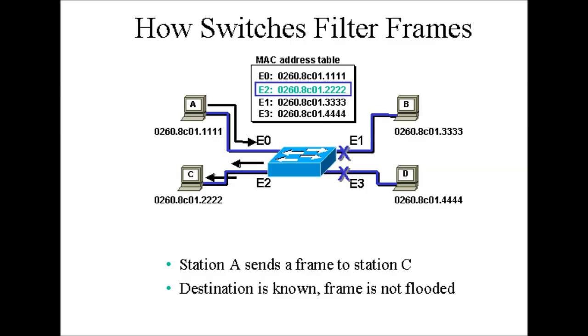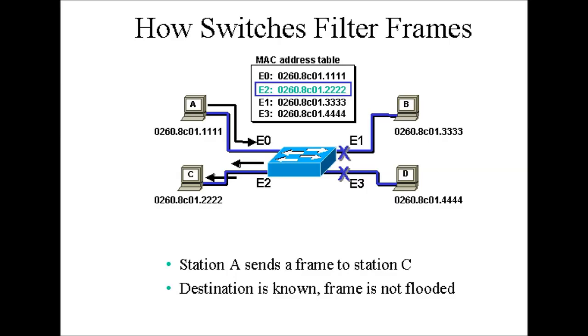In this slide, you will learn how switches filter frames. First of all, there are four different PCs or four different devices which are connected to a switch: PC A, PC B, PC C and PC D. Computer A contains the physical address which is shown over here.